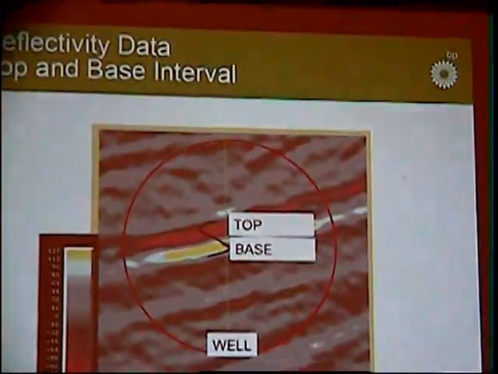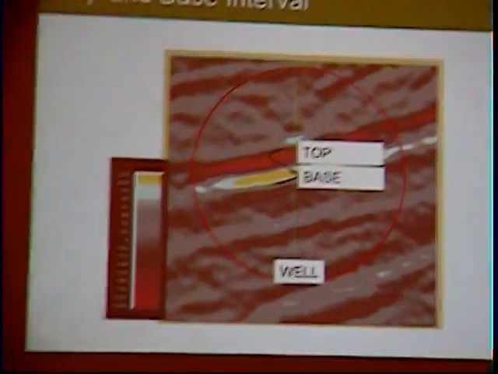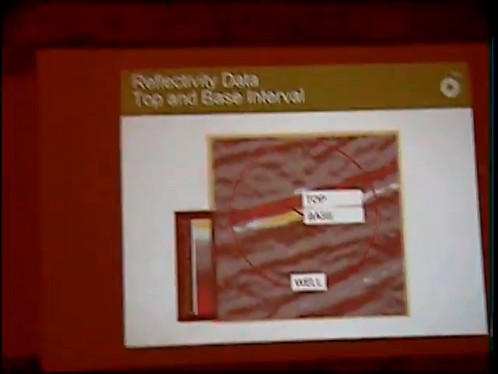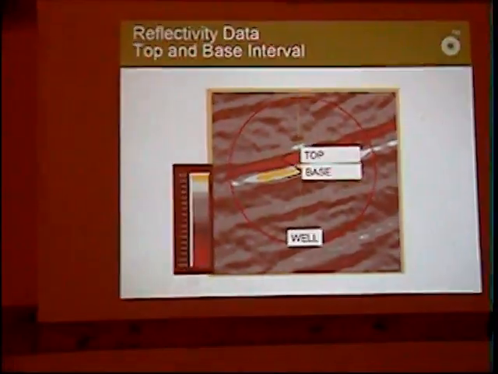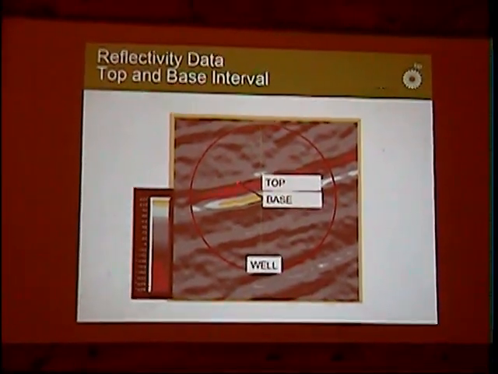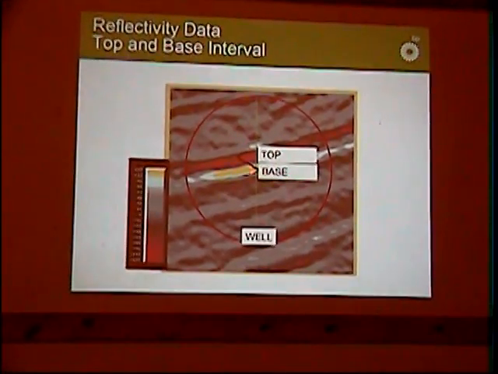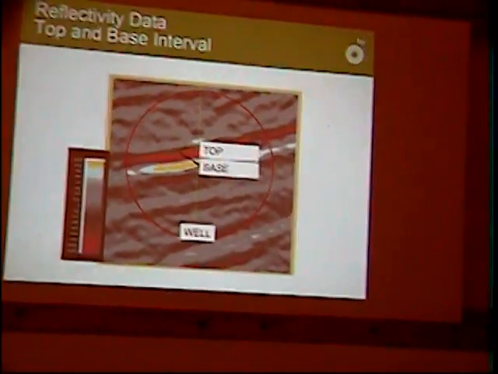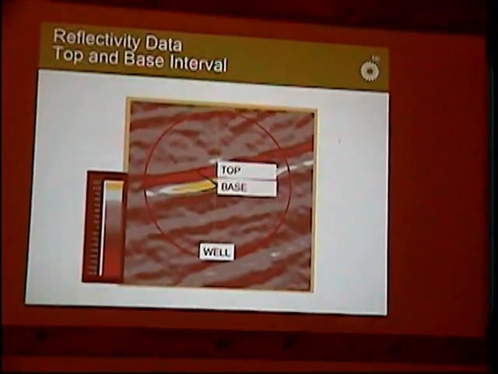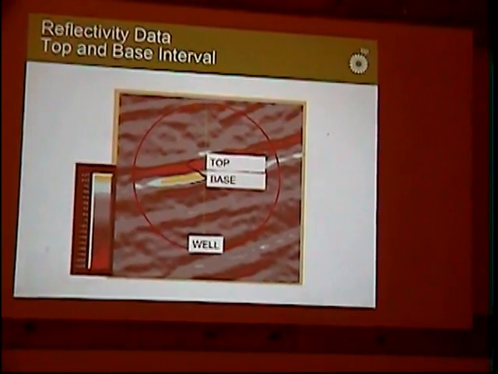Okay, so if you look at reflectivity data, let's assume it's zero phase data, which means that if you have a gas sand, the top of the gas sand would be the maximum trough event in standard polarity. So if I just put a wiggle on a display here, the top of my sand will be this maximum trough event. The base of my sand, assuming it's above seismic resolution, would be the middle of that peak.